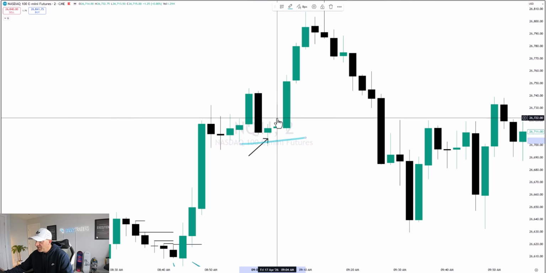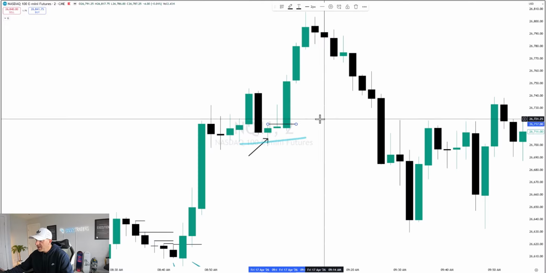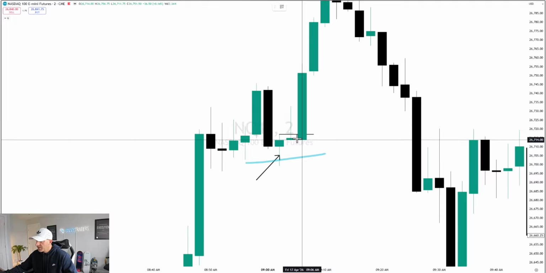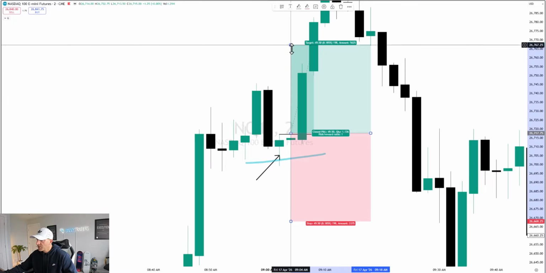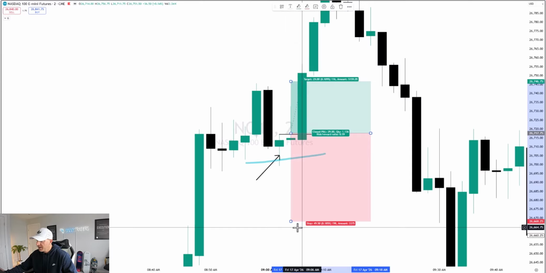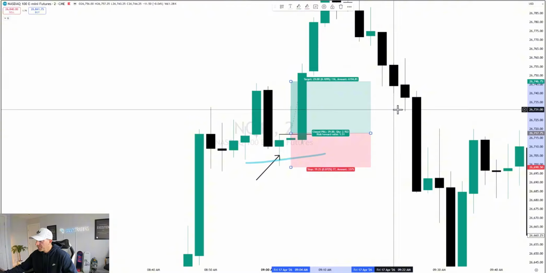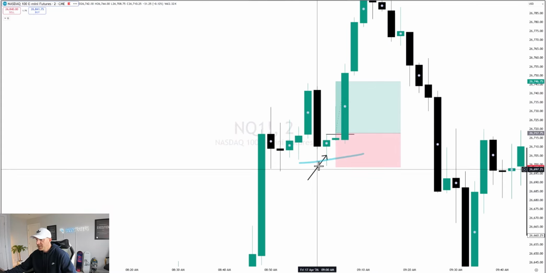Then the next candle, this one here, crosses that signal bar high, the top of that wick right there. And then there's our entry right here. Where's our target? These highs right there. You can have a super tight stop right below the signal bar. So there you go. That's it, really.